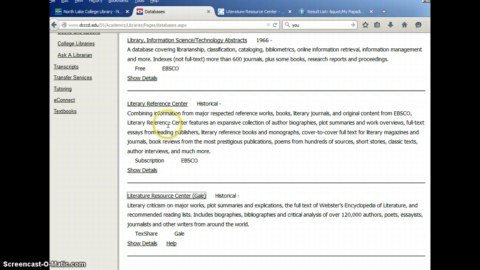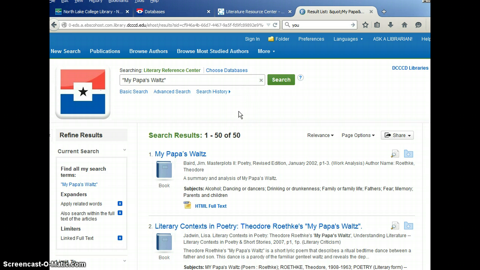Two most prominent databases to find this information are Literary Reference Center and Literature Resource Center. Again, you can find these through the Northlake databases. And so Literary Reference Center looks similar to Academic Search Complete because it is housed within that big general database.